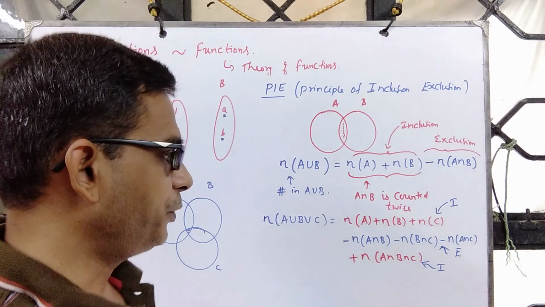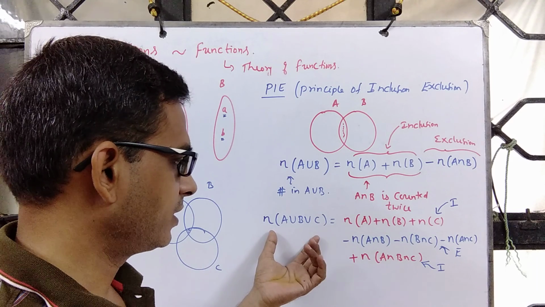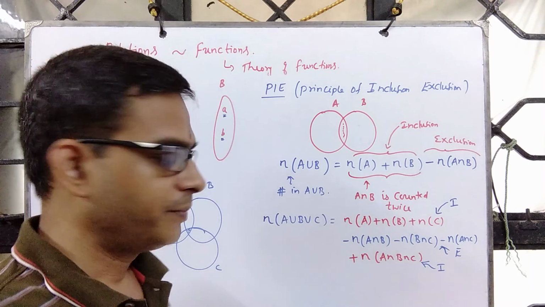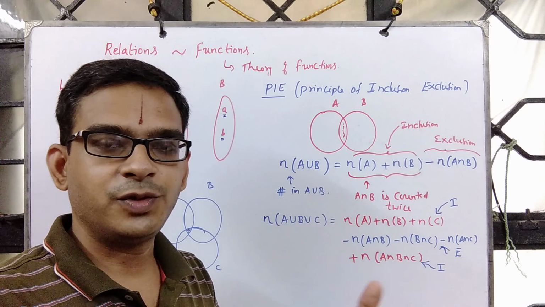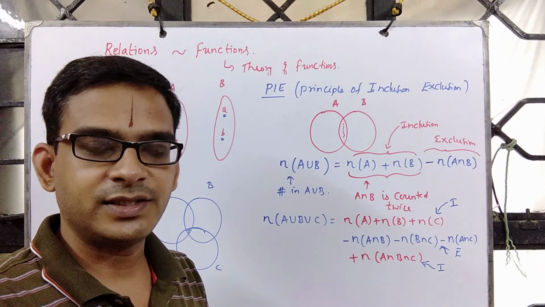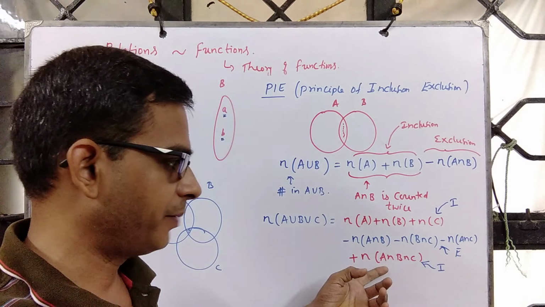Now in general, if you have k sets and you are interested in doing a counting like this, then you alternate between inclusion, exclusion, inclusion, exclusion. In the process you remove one intersection and you realize that a set common to all of them is completely removed, so you need to add it back.